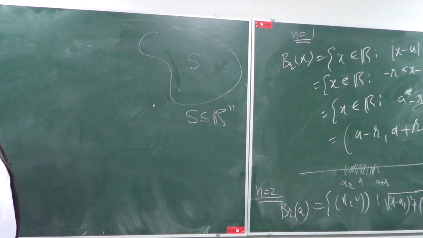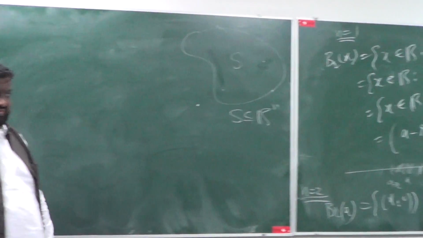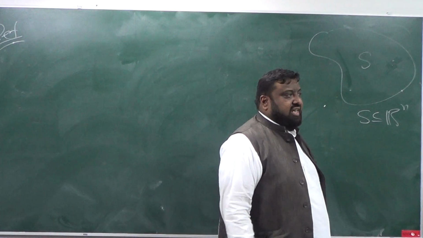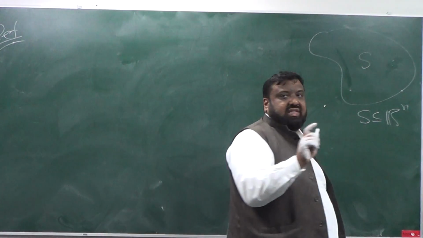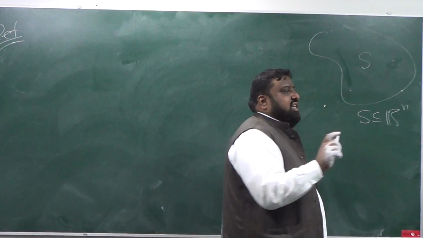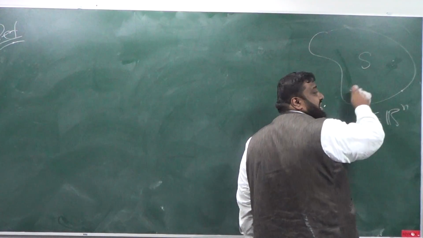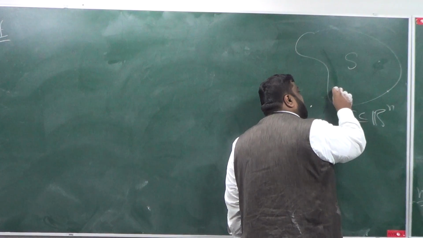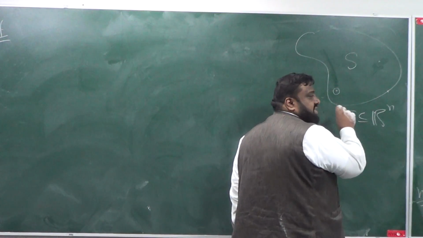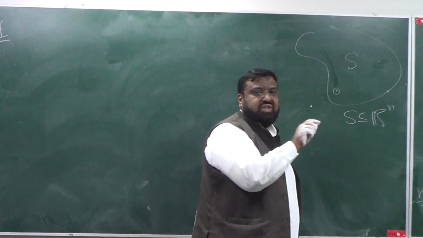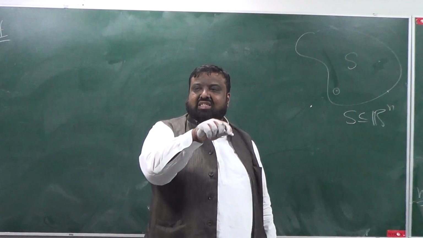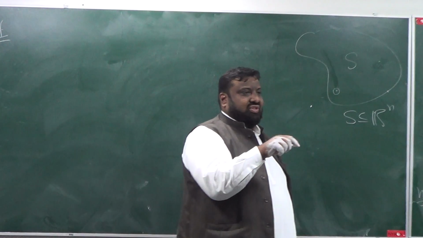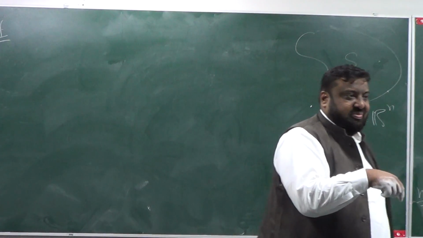So how do we define that something is inside the region S? That's a very simple definition. A point is inside a set S if you can draw a really small ball around it, small enough that it is entirely sitting in the set.